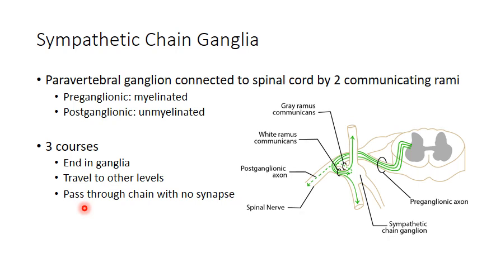So it would just keep going through that ganglia, and it would continue on as what's called a splanchnic nerve. Again, I'm going to show you that in the next one, but these are simply going to be preganglionic fibers that do not synapse in the ganglia, but then actually hit a second set of ganglia further out, and that's where they're going to do most of their business.